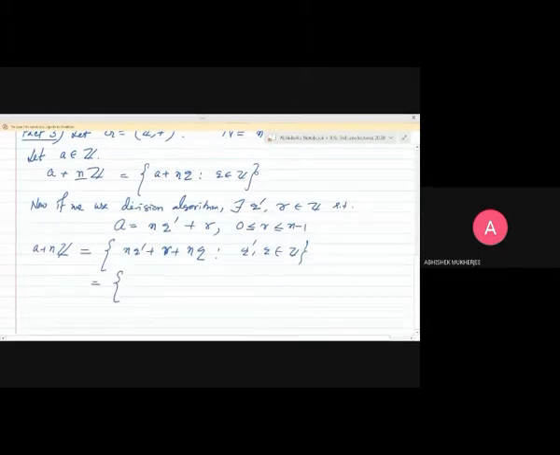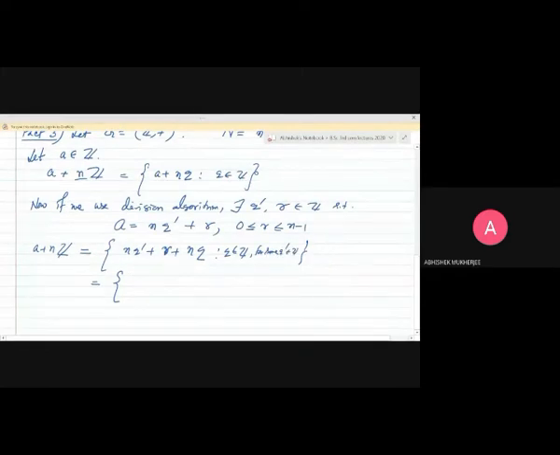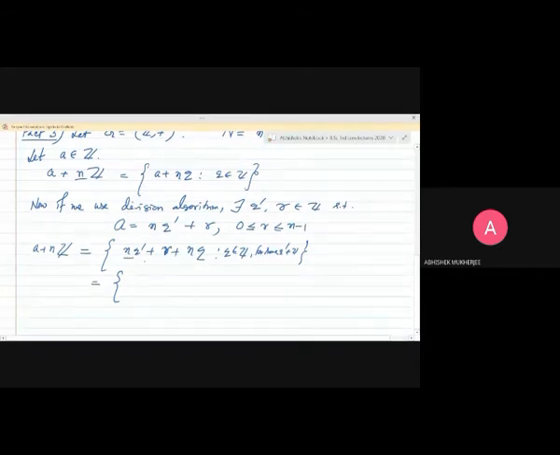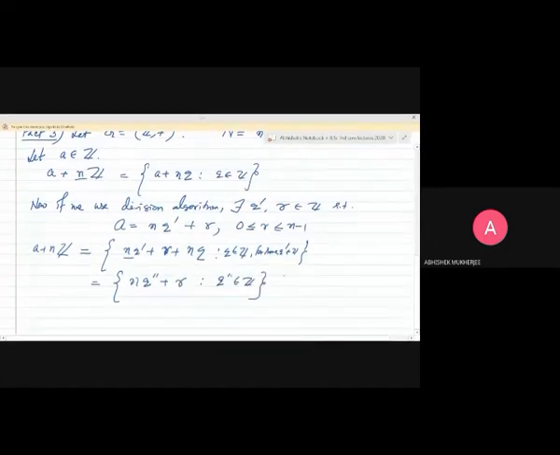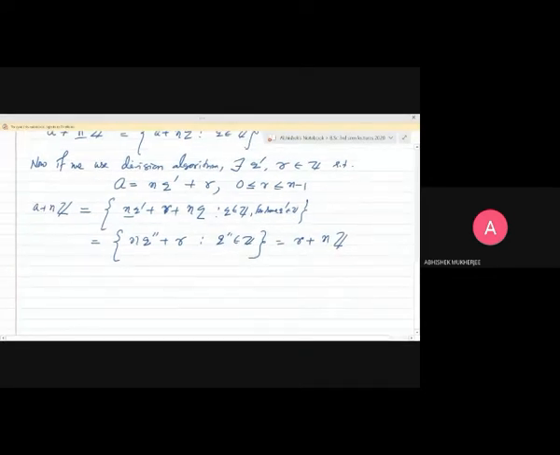So that means, taking n common, it is n q double dash plus r, where q double dash belongs to Z. So that means this is going to be the coset r plus nZ. So a plus nZ is equal to r plus nZ.